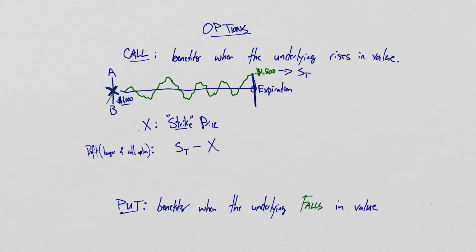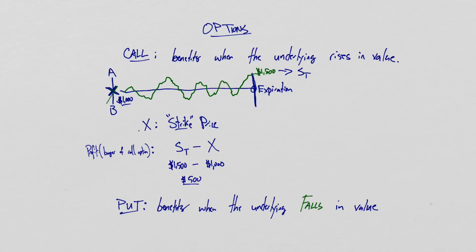So it's ST minus X again. Here, it's ending up at $1,500, the underlying, and the buyer gets the right to buy it at $1,000. So it's a pretty cool deal for this call buyer. They make $500. And of course, the call seller loses $500. But that's the profit there.